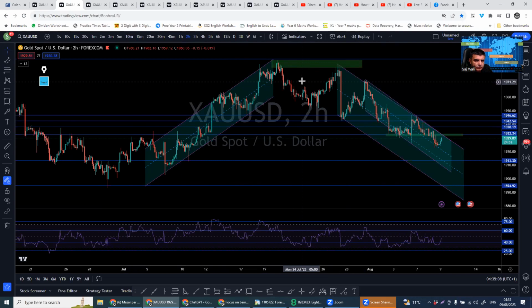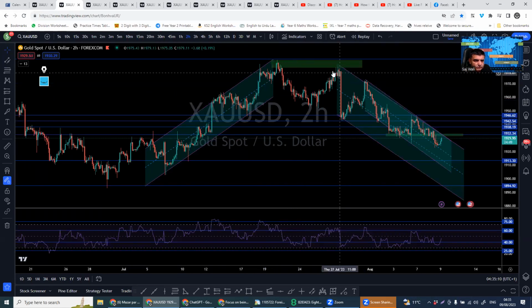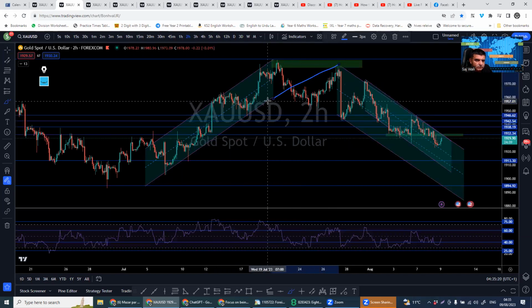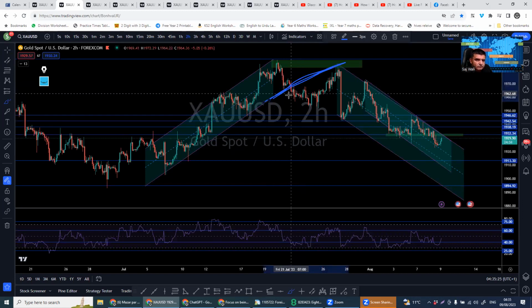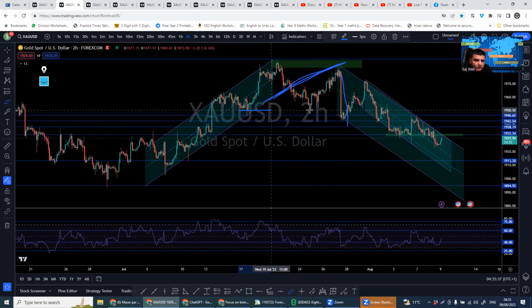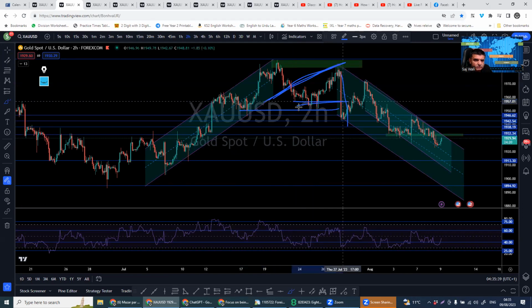This channel was broken, and it retested the channel after breaking it, and then we've seen a reversal from here. This level was broken, and this level was broken as well.